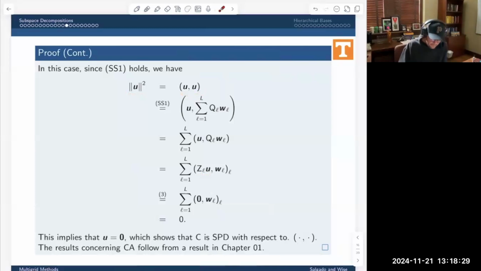All right, so we have U, and I can write U using the fact that I have a subspace decomposition, or in other words, since the Q_L support a subspace decomposition of R^n, I know that I'm able to write U as a sum which looks like this, for some W_L, okay, for some W_L collection.